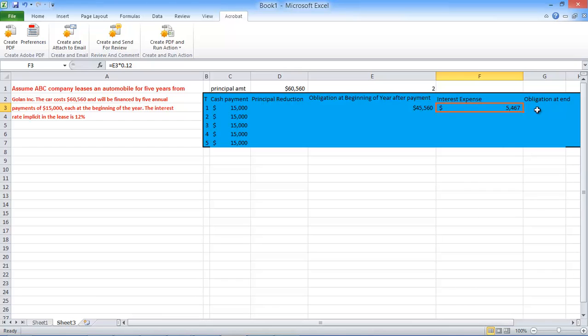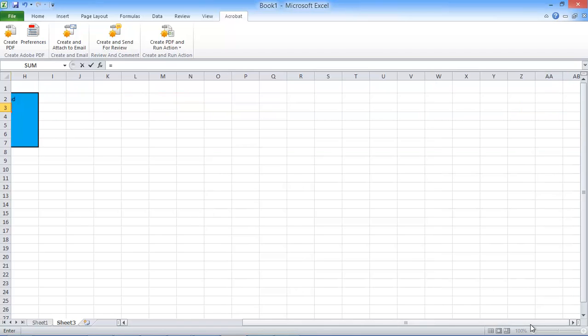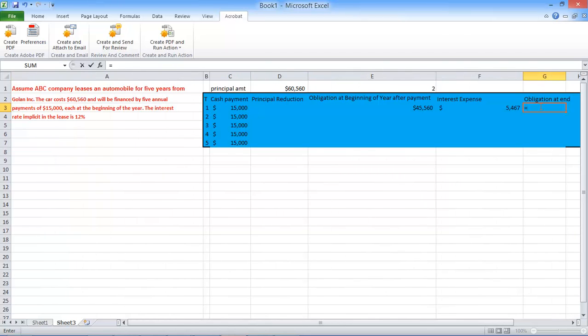So obligation at end of the year is equal to the obligation at beginning plus the interest that we have to pay.